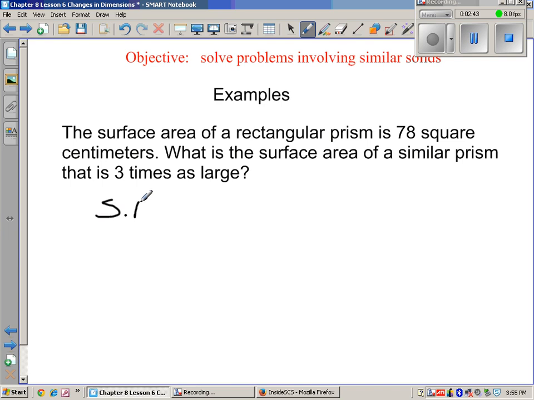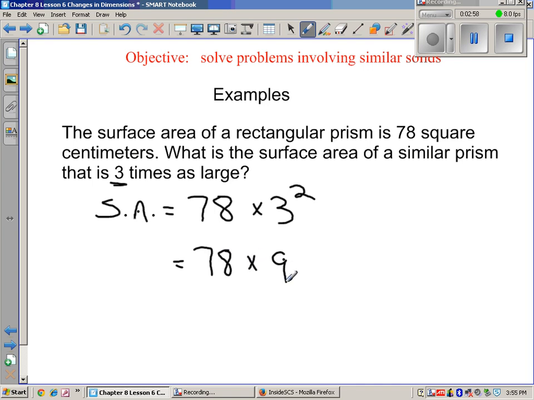We'll take the surface area of our smaller one, 78, times the scale factor of 3 squared. 3 squared is 9, that is 3 times 3. So 78 times 9 gets you 702 centimeters squared.